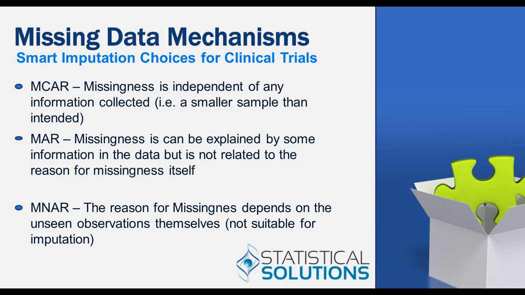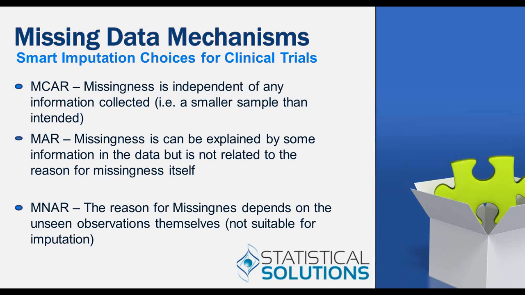Then we have missing at random, and this is where the missingness can be explained by some of the information that you have collected, but is not related to the actual missing values themselves. So you can model the missingness without requiring the missing information, essentially, and that's the key.